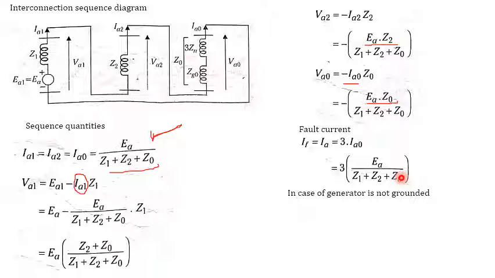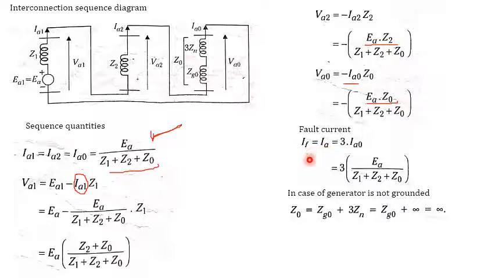In the case of a generator that is not grounded, Z naught is equal to Zg naught plus 3Zn, which becomes infinite, since Zg naught is very small compared to infinite.